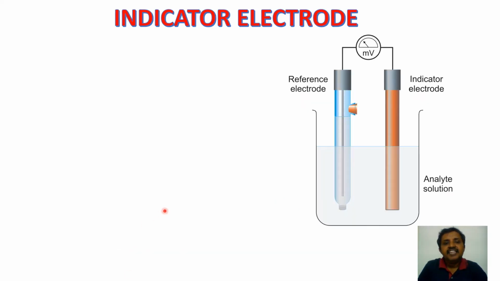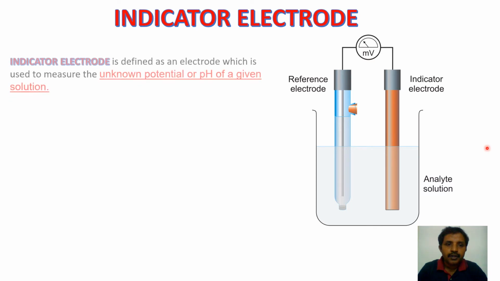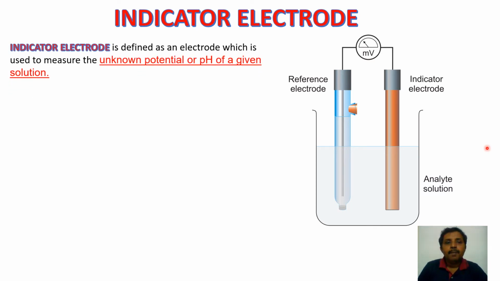Now, let us discuss the indicator electrode. The indicator electrode is an electrode which is used to measure the unknown potential or pH of the given solution. In the given solution, to know the potential or pH of the solution, this indicator electrode is used.